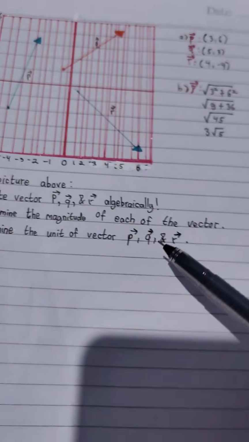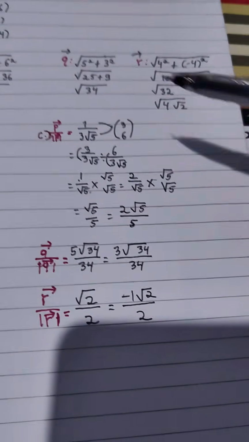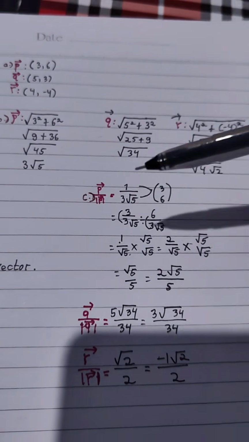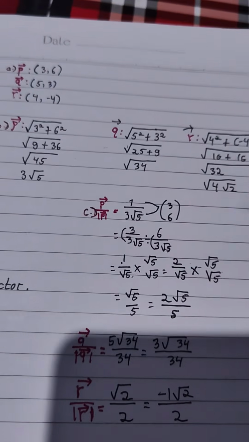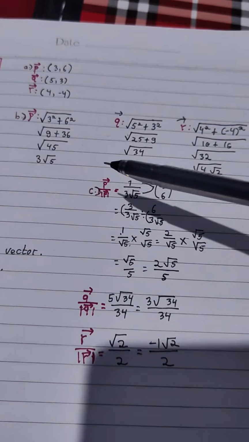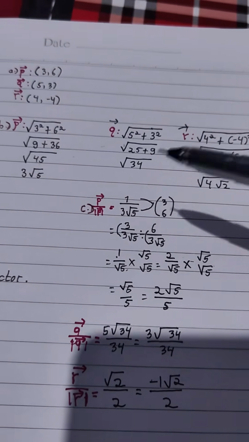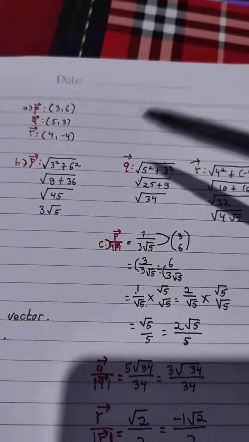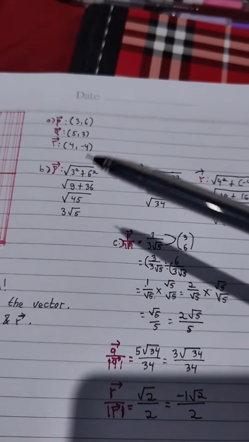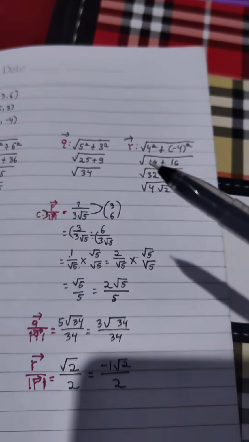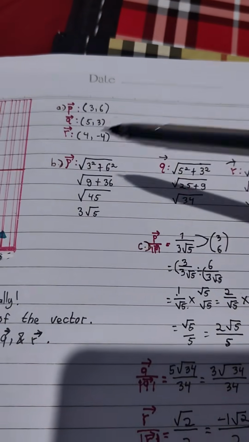Thirdly or finally, 1c, determine the unit of factor P, Q, and R. So for this one, our formula is factor P over the magnitude of factor P. So when we want to use this formula, the top, this one, factor P, changes into 1 over the magnitude we got from question 1b, and then we make brackets and put the coordinates from 1a.